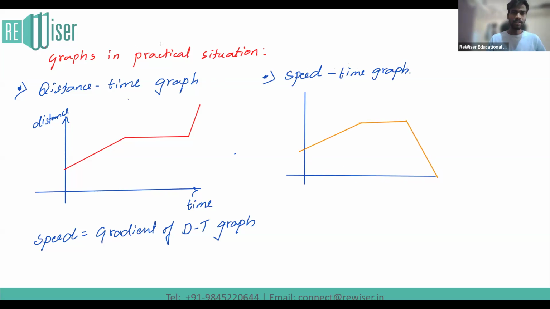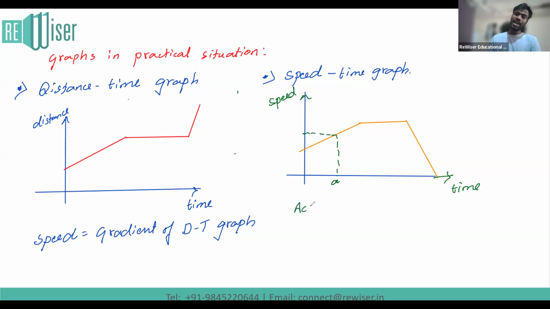Here on the vertical axis there will be the speed, and on the horizontal axis, which is the x-axis, would be the time. If they ask you what is the speed, suppose at this particular point, let's say at point A, I can just view the graph and find it out.